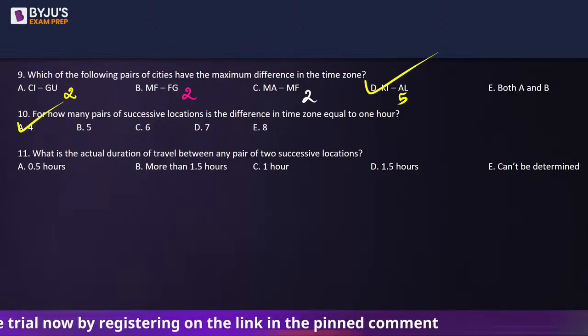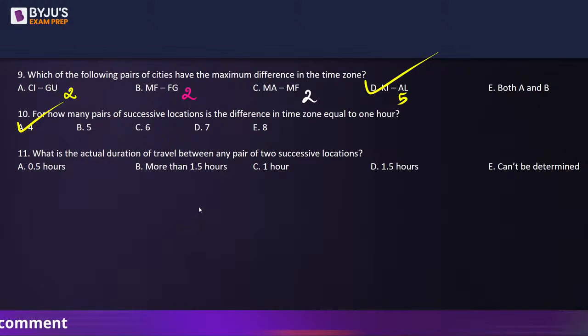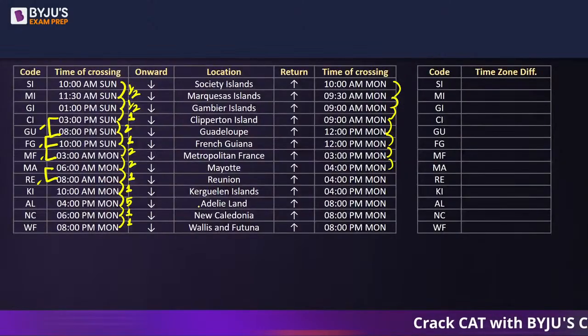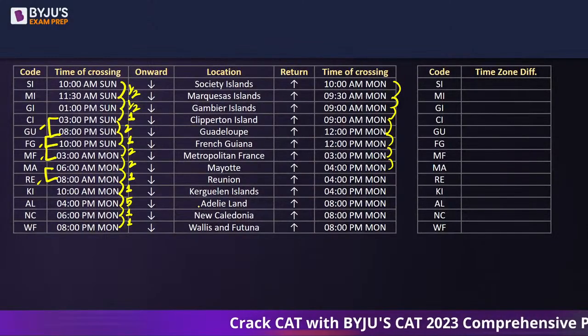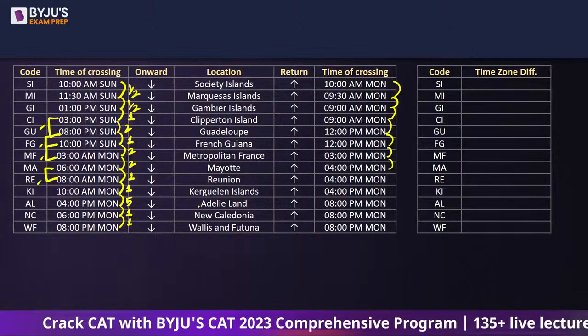Right? So the question is not about the time zone difference being 1 hour, but how many pairs of successive locations have a difference in time zone of 1 hour. Let's check once more. CI to GU, sorry, successive locations.